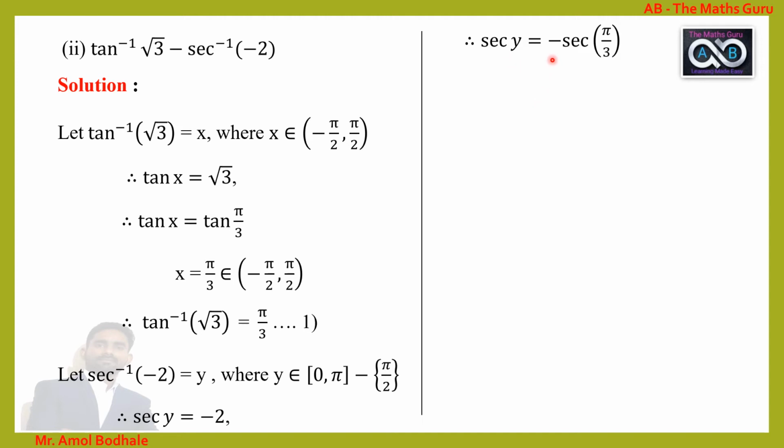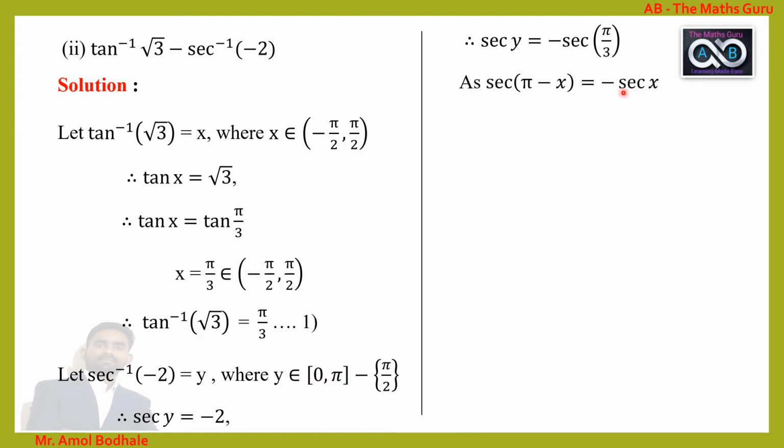So sec of pi equal to minus sec of pi by 3. Here we cannot compare both sides, as the first term is positive and this side is negative. So we can convert this negative angle in terms of a positive one. As we know, sec is negative in the second and third quadrants. As we require the angle to lie between 0 and pi, we can use the angle in the second quadrant.